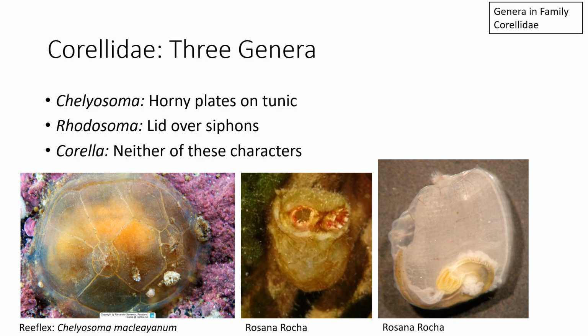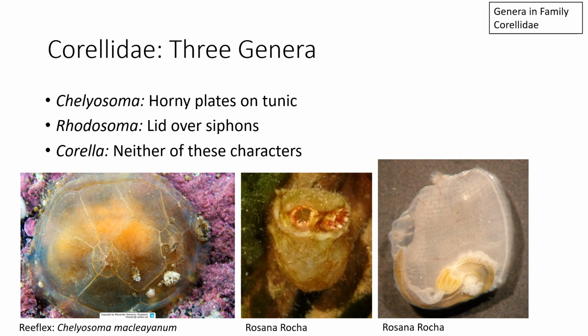The second genus is Rhodosoma, and again, it has a characteristic that is unique among the Ascidians in that the oral and atrial siphon are protected by a lid that can go over the top, the anterior end of the animal. So what you see in this photograph is the oral and atrial siphons open and exposed.